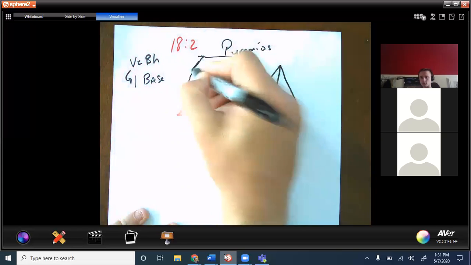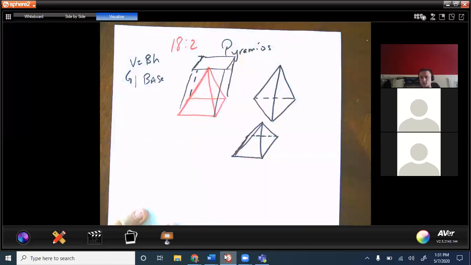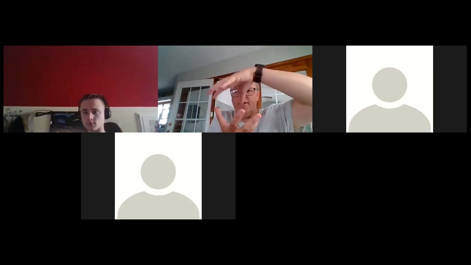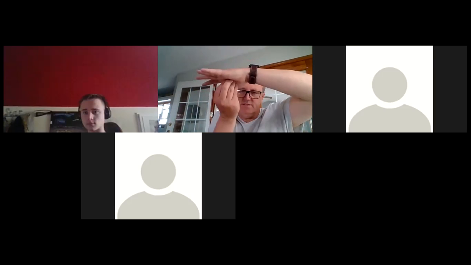a part of it. You see, in fact, if we were at school, let me stop sharing. See if I can get you to visualize this. If we were at school, I have a prism, a box prism, and I can fit a pyramid on the inside of it, and you can see how they're shaped, and it just fits right inside.